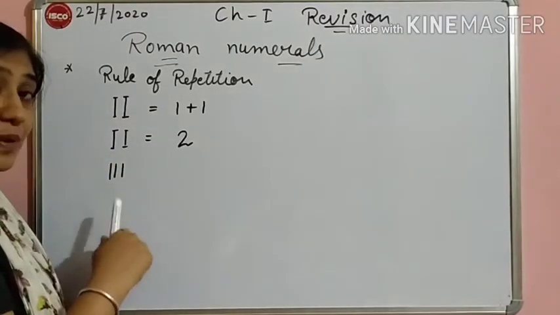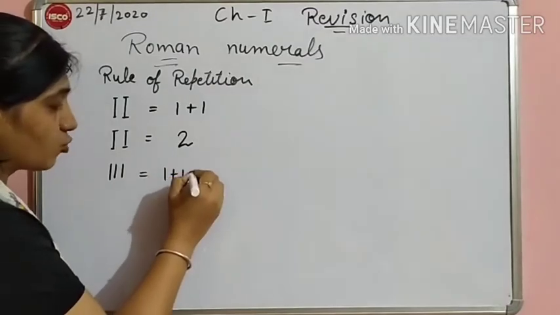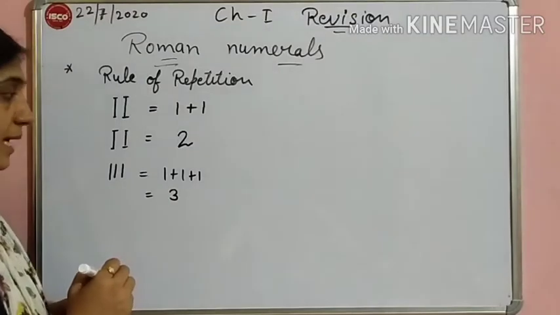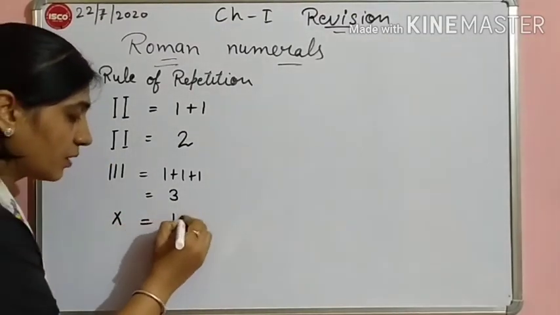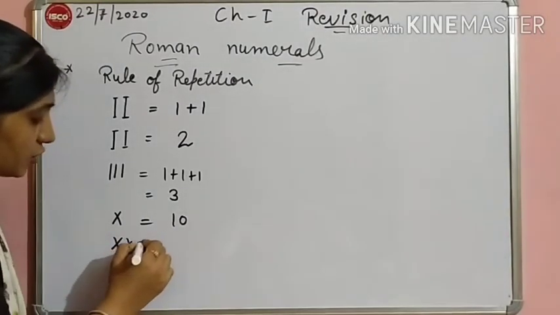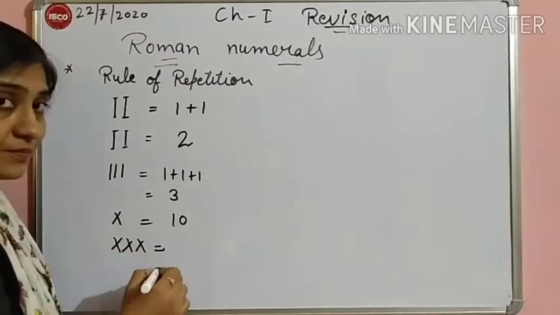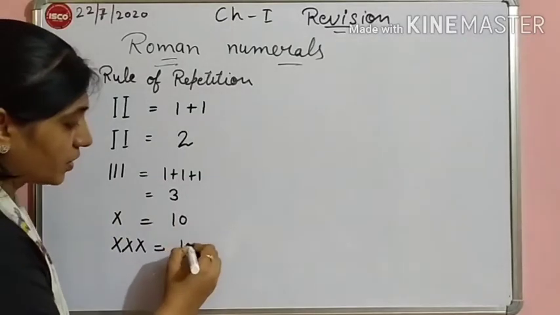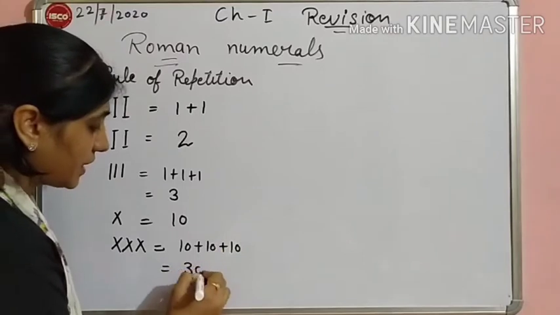Here I is repeated 3 times, so its value is 1 plus 1 plus 1, that is 3. And X means 10. When I repeat it 3 times, it means 10 plus 10 plus 10, 30.